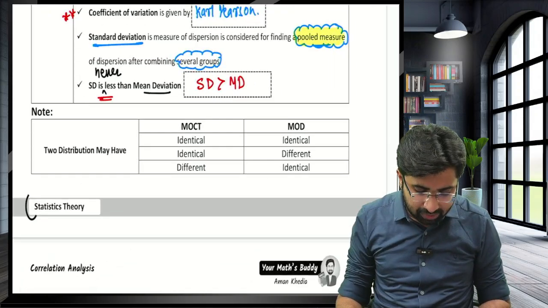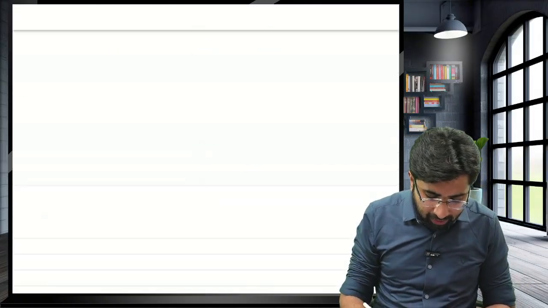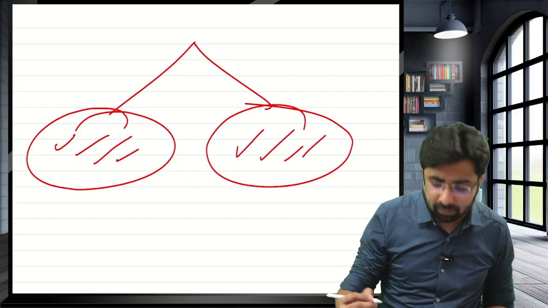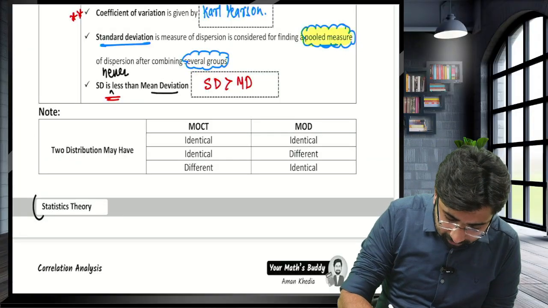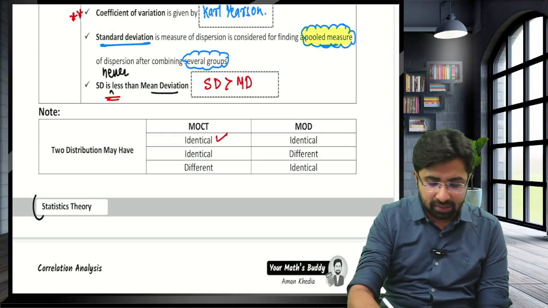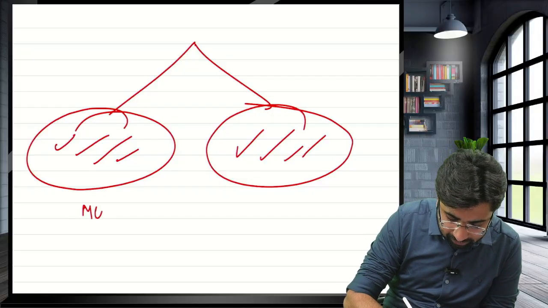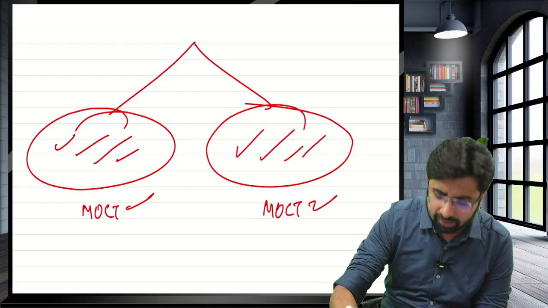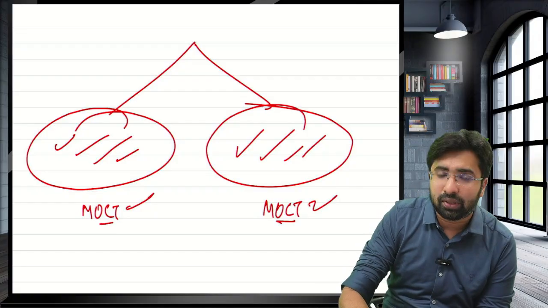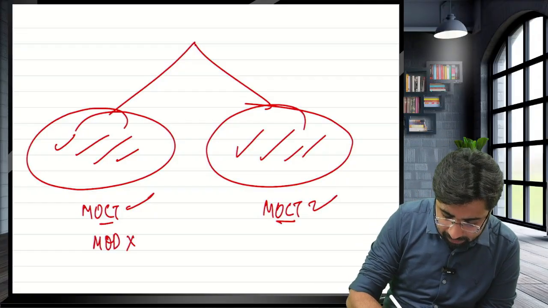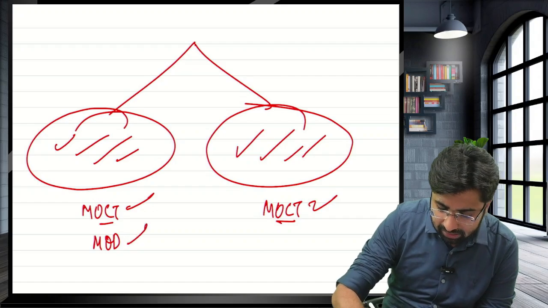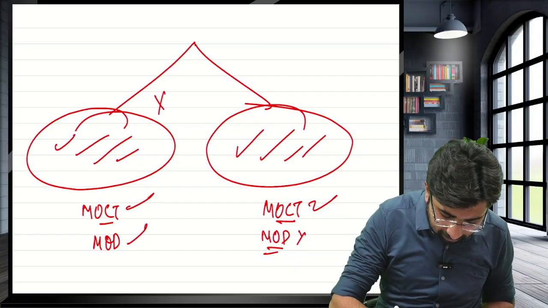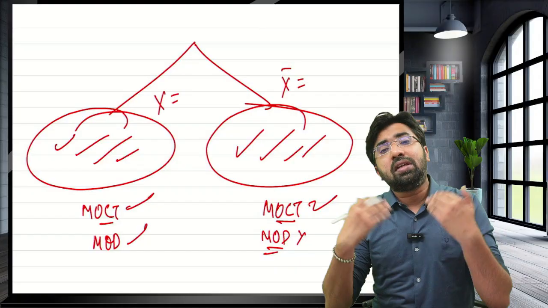Now, sir, is it possible that we have two distributions with some observations each and we get identical measures of central tendency? Here I calculate the mean, the answer is 5, and the mean for this is also 5. Yes, this is possible. But the measure of dispersion here is something else. Even when the means for all the observations are the same, the mean deviation can vary.